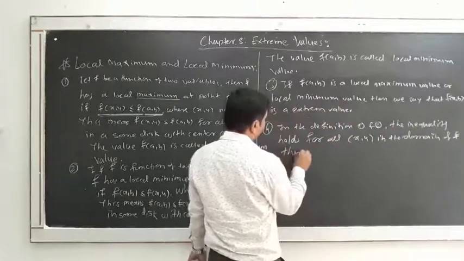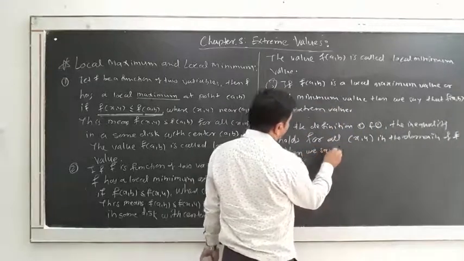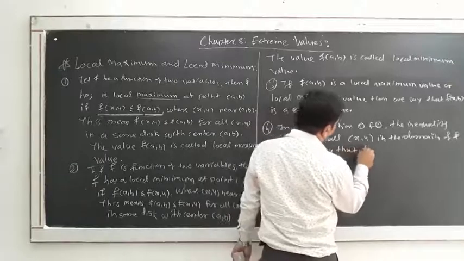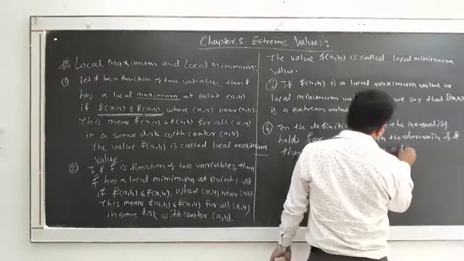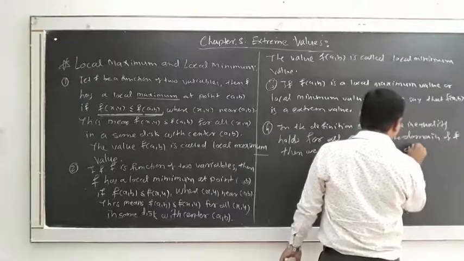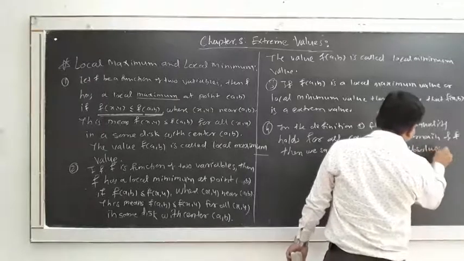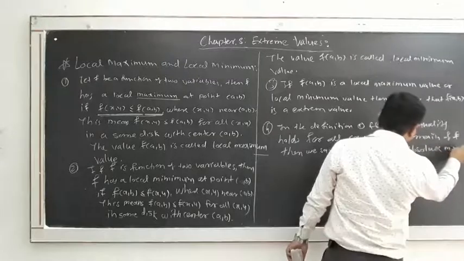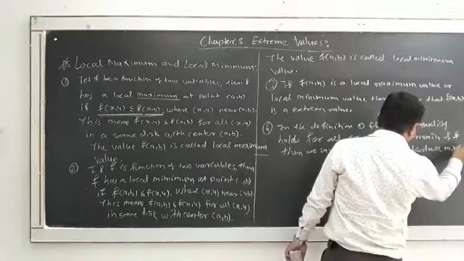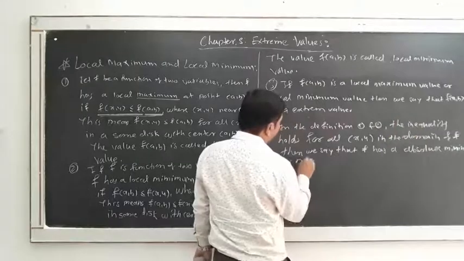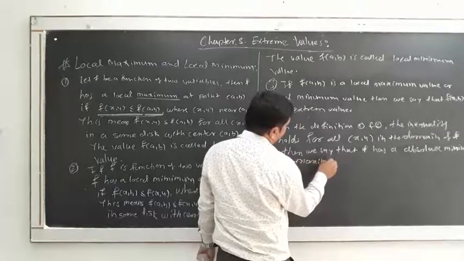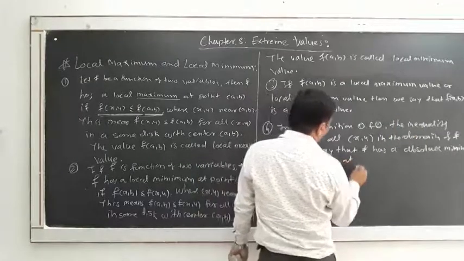Then we say that f has an absolute minimum or maximum at (a, b).